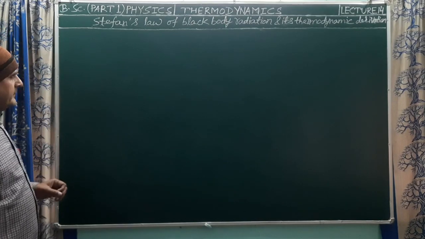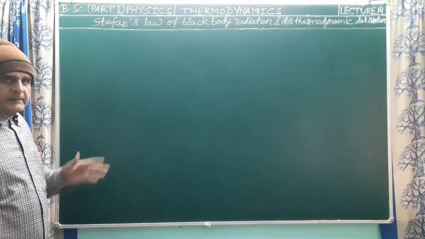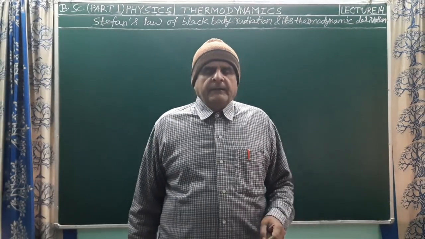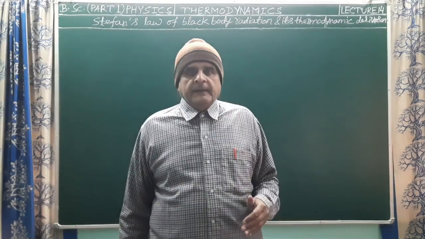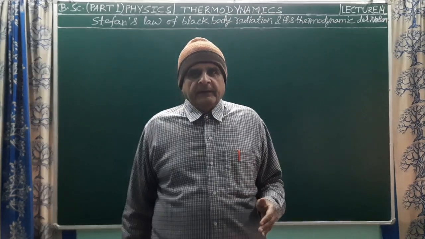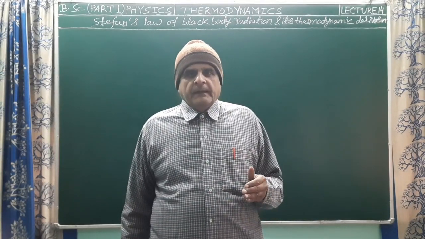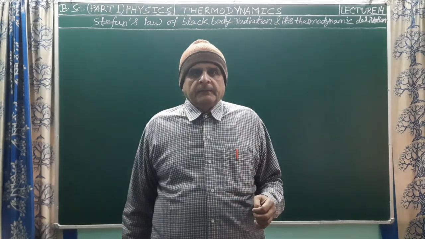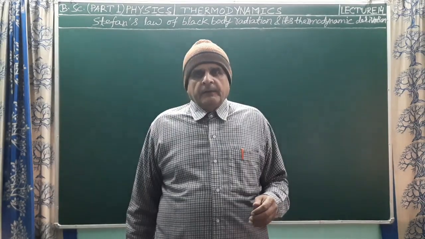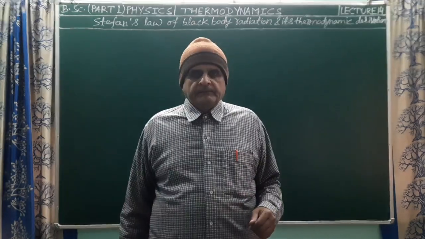First of all, we have to know the statement of Stefan's law. Stefan's law states that total radiant energy, say capital E, emitted from a black body is directly proportional to the fourth power of the absolute temperature of the black body.